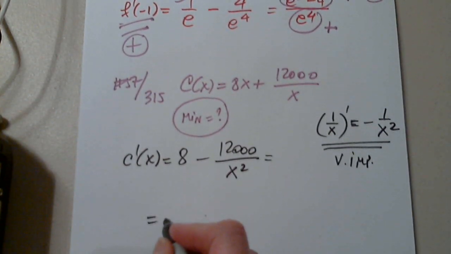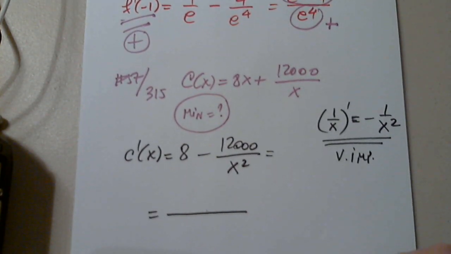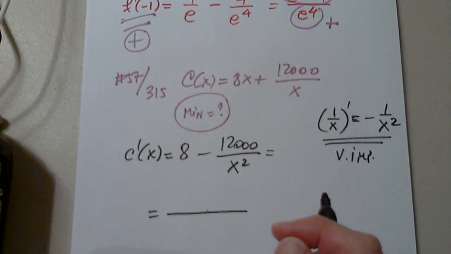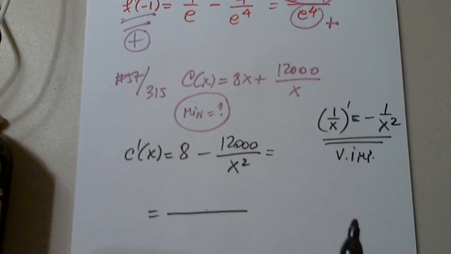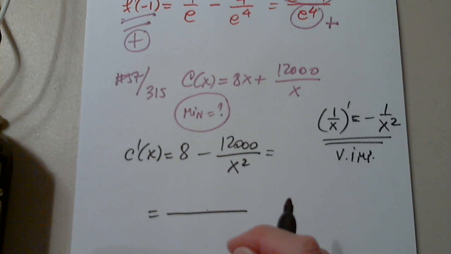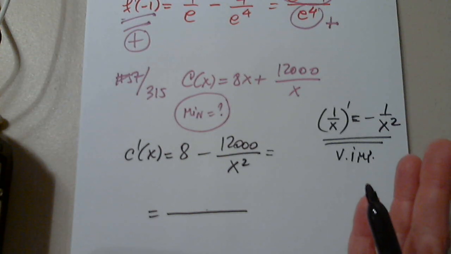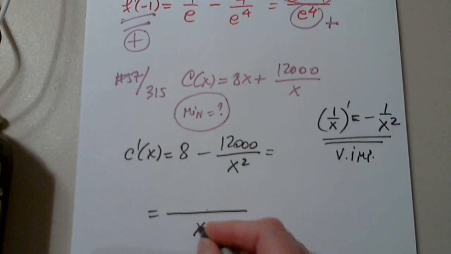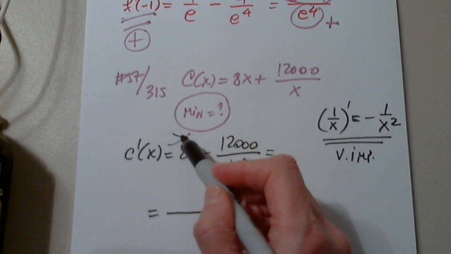What is the least common denominator? That's why I wanted us to also work on a rational function. There is only one denominator. That's right. Good. So then this one needs an x squared.